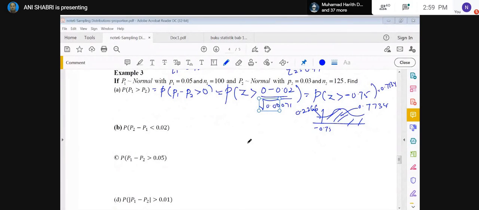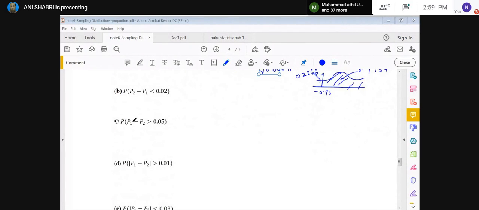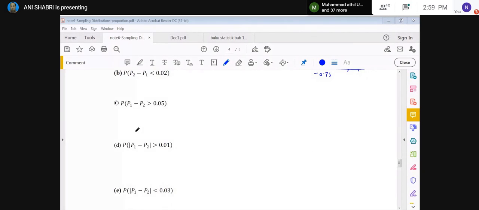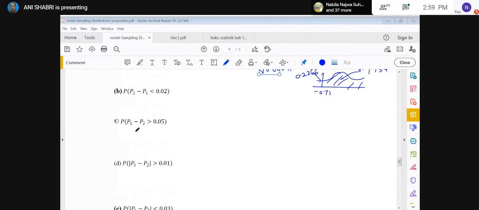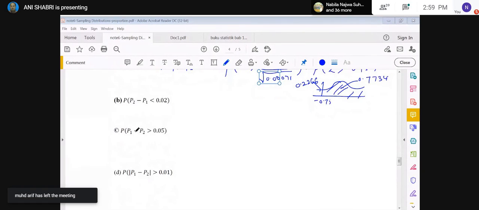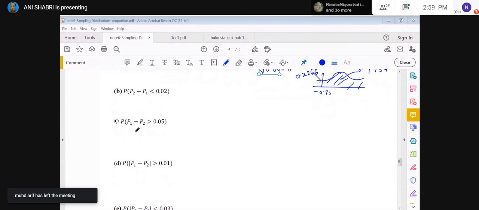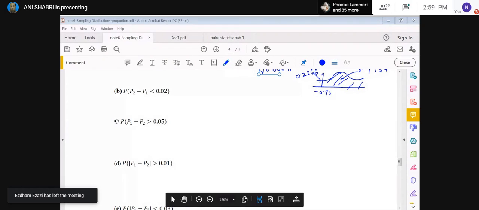Okay, cuba buat nombor ni. Siapa B, C dulu? Okay, cuba buat B, C, D, E. You create Ming, number D. Ming ada?